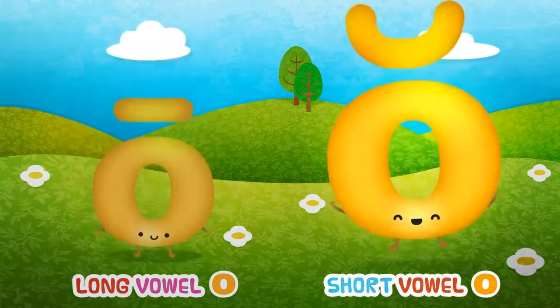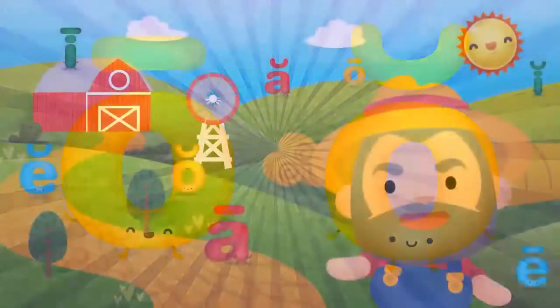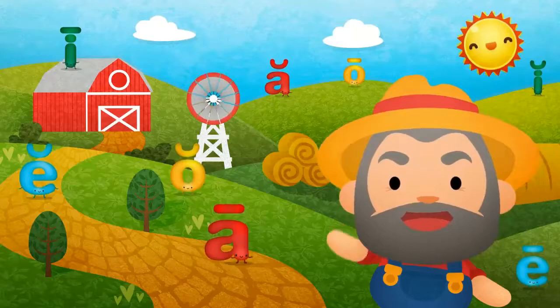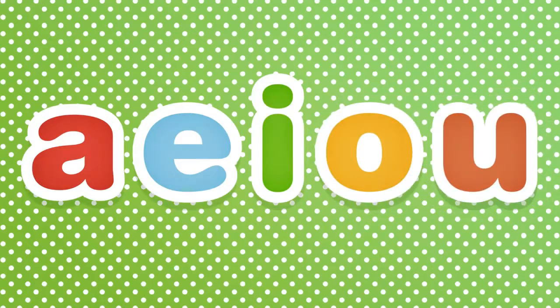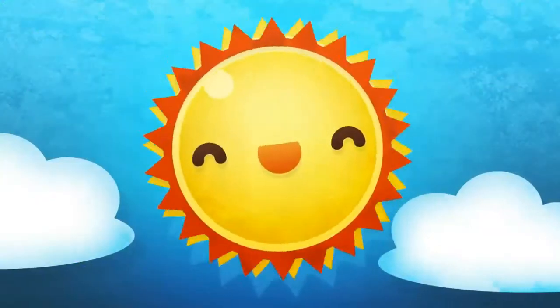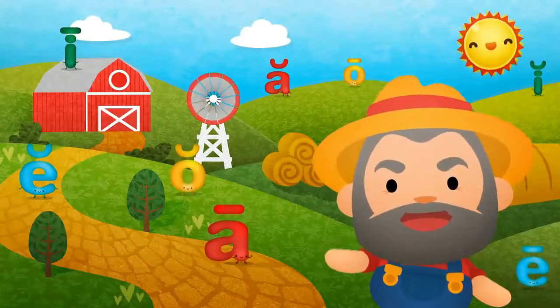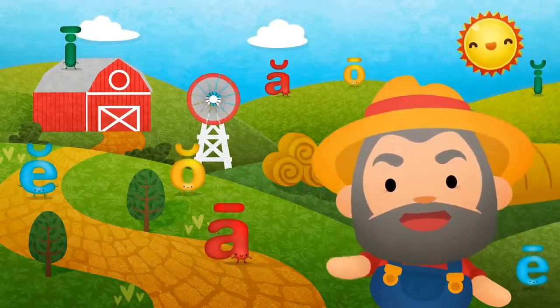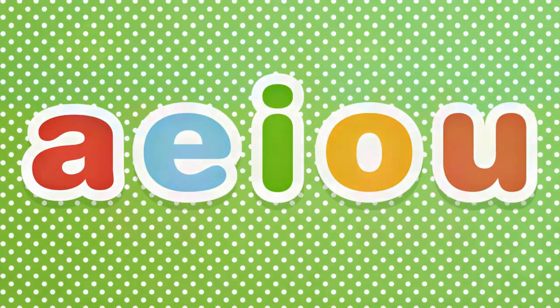Here an O, there an O, everywhere an O. Old MacDonald had some vowels, A-E-I-O-U. And on his farm he had a U. A-E-I-O-U.